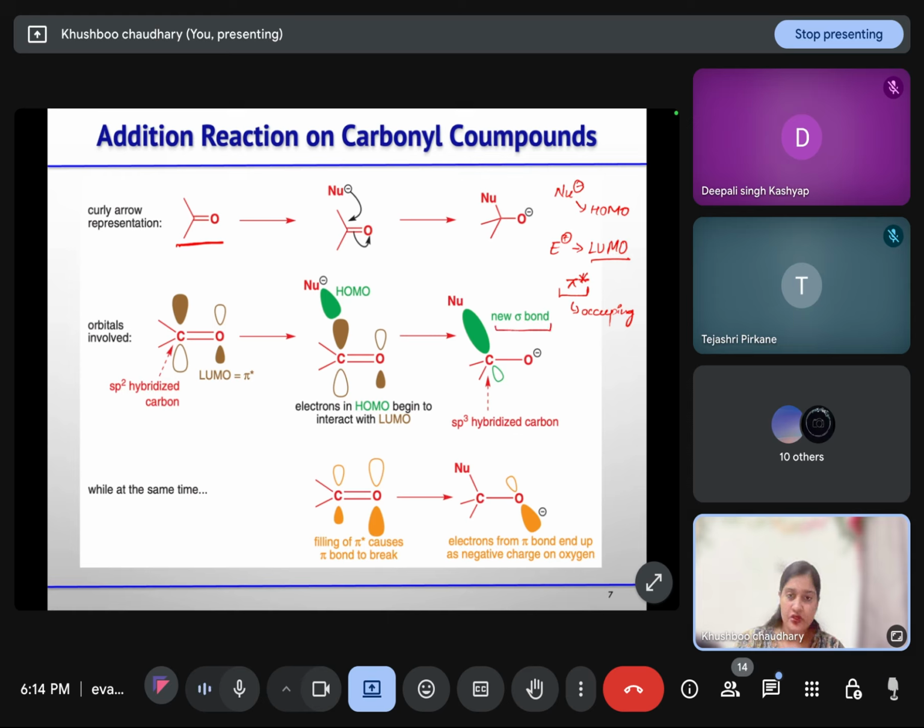And as carbon will not form more than four bonds, the pi bond formed by the sidewise overlapping of the p orbitals will break. The electrons shift towards the more electronegative oxygen, so it acquires a negative charge. In the second step it will get protonated.